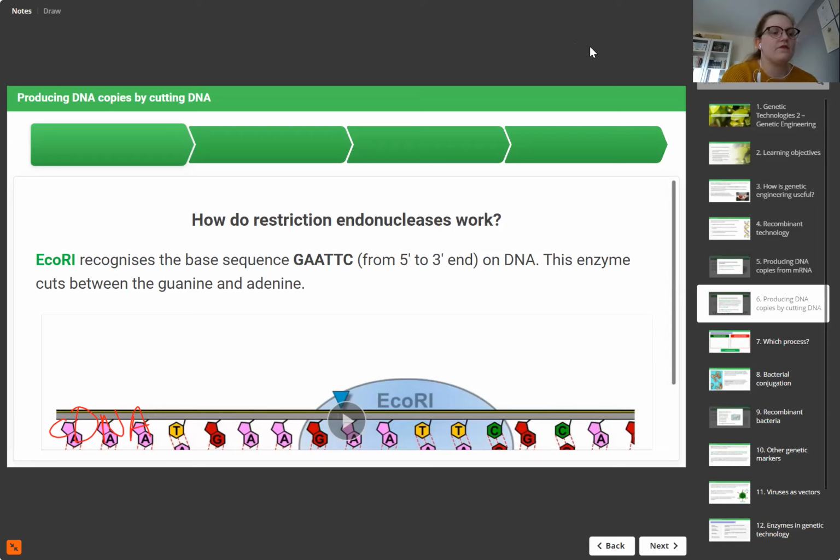So some sections of your DNA have a palindromic sequence of nucleotides, and a palindromic sequence is when these sequences consist of anti-parallel bases. So I'm going to draw them out here so you can see them a bit better, by what I actually mean. So this GAATTC, if I draw this here, I draw an example of our DNA.